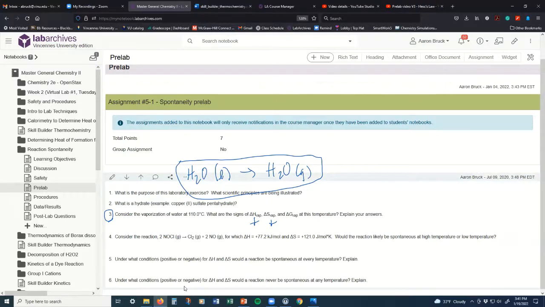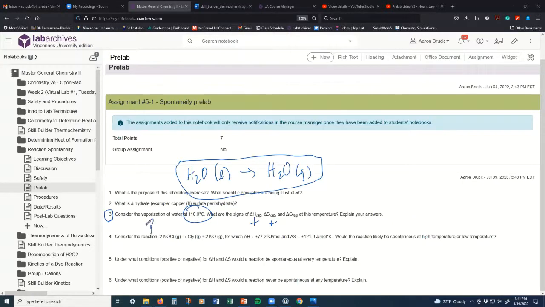And the truth is, the word low temperature or high temperature is relative. It's dependent on what the equilibrium point is. What we do have as far as information goes, however, is this little bit about temperature, 110 degrees Celsius.